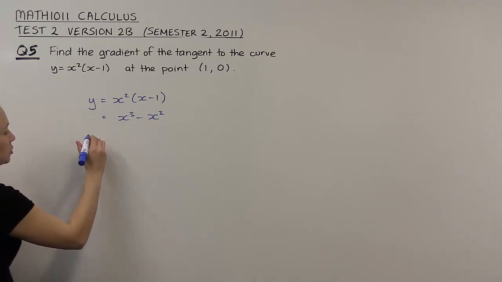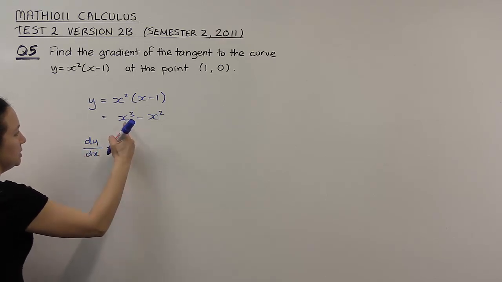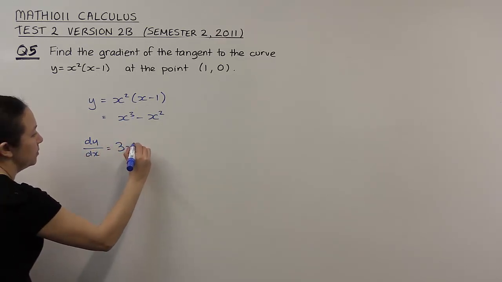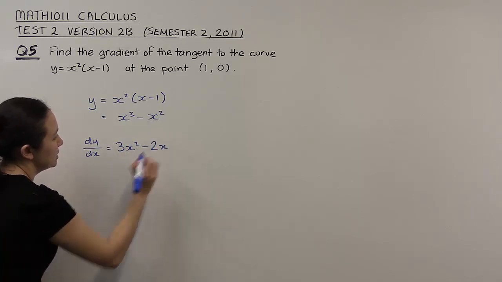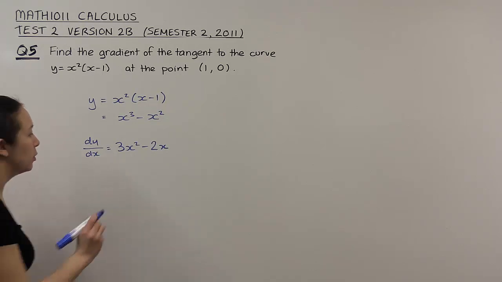Now y dash or dy dx is 3x squared minus 2x, and this is the rule that will tell us the gradient of the tangent or the slope of the tangent at any given point.